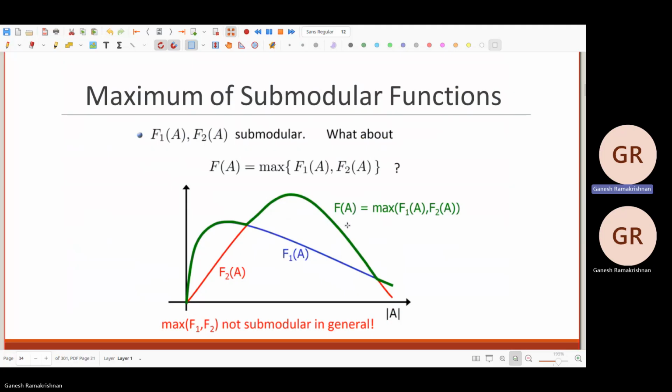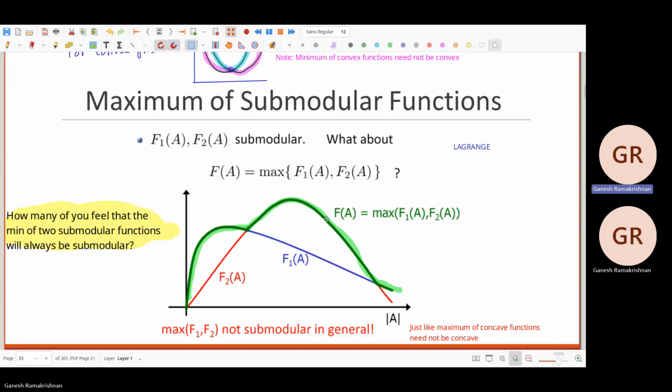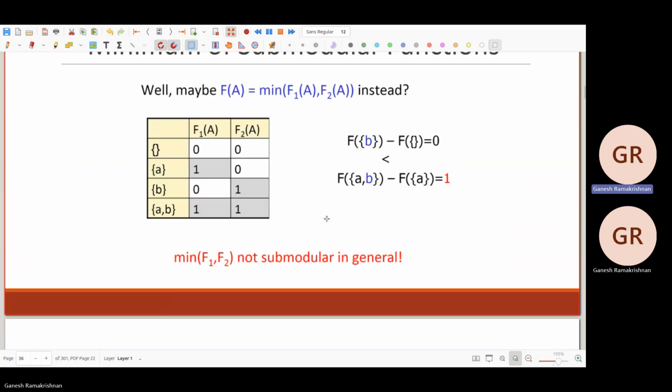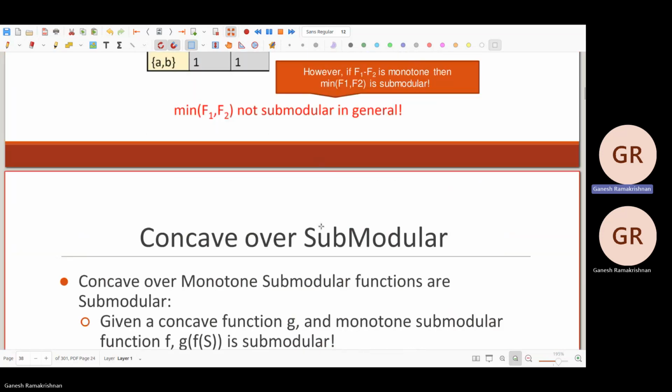There are many other properties which obviously we won't have time to talk about, like whether the maximum of submodular functions is submodular. But max is not submodular in general. Okay, and so on. We will unfortunately not have time to talk about the algebra of submodular functions.